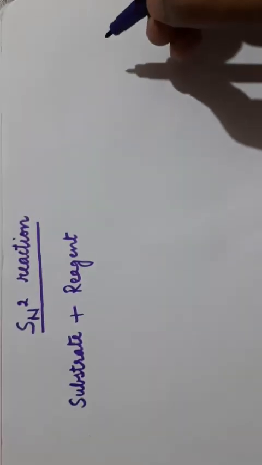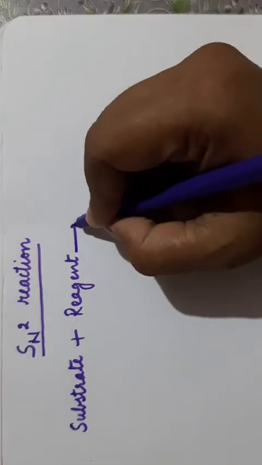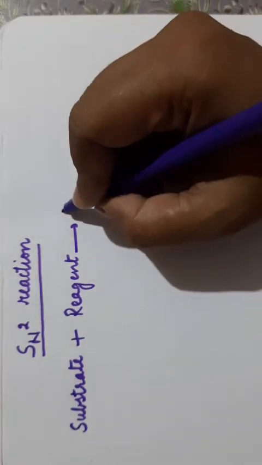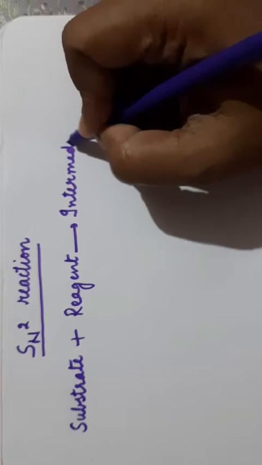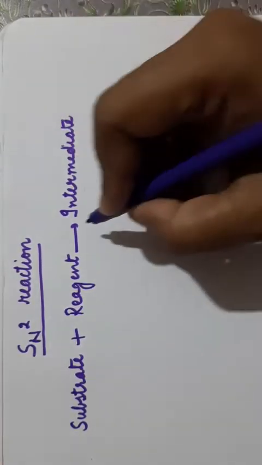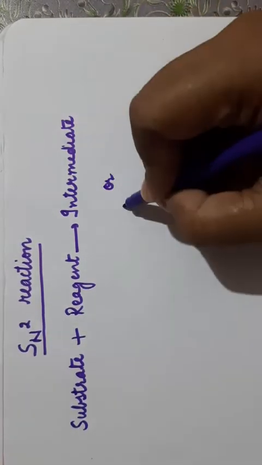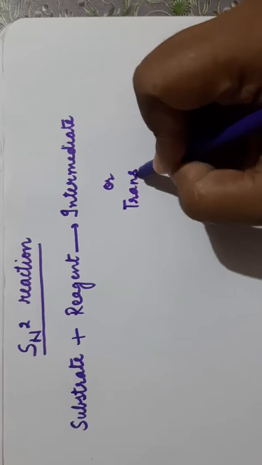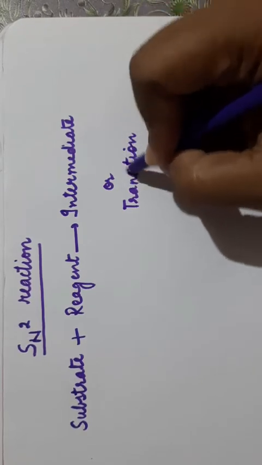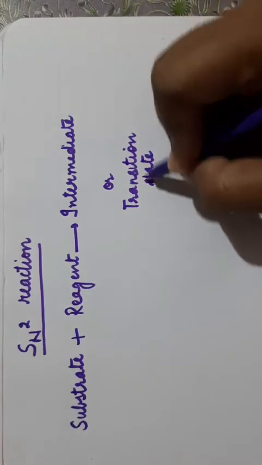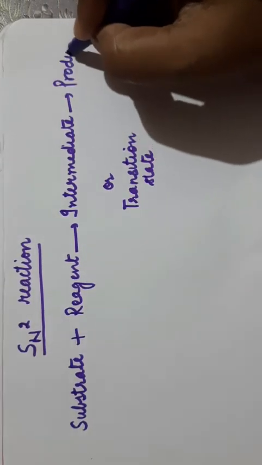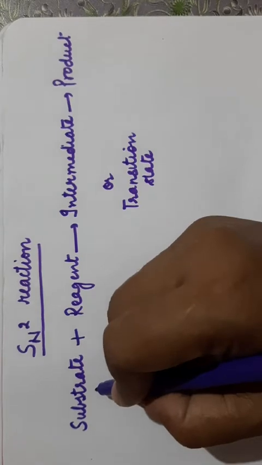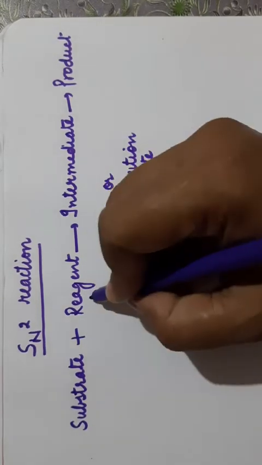So whenever substrate reacts with reagent, an intermediate is formed, or a transition state is formed. And then finally it leads to the formation of product. So substrate is the main compound which is involved in the reaction.